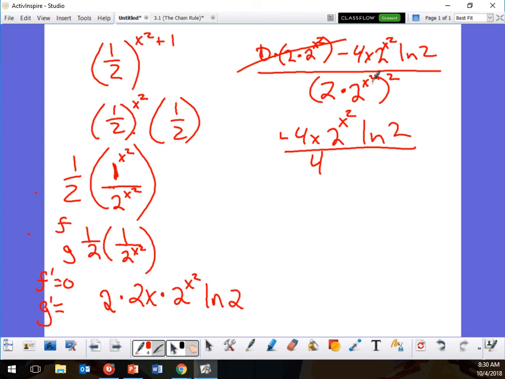What's going to happen to this right here? So if I square this, it's going to become 2 to the 2x squared.